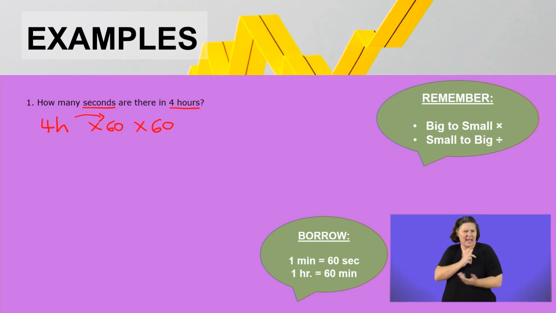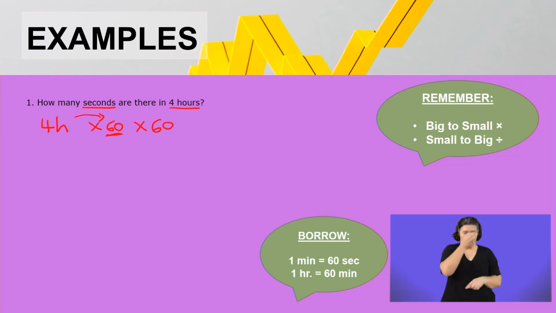And why will I do that? Remember, it's from hours to minutes. At this point in time, I only calculated minutes. But my question wants my answer to be in seconds. Therefore, I go from minutes to seconds. And therefore, I multiply by 60 again. So if I do this calculation, 4 multiplied by 60, multiplied by 60, that gives me an answer of 14,400.